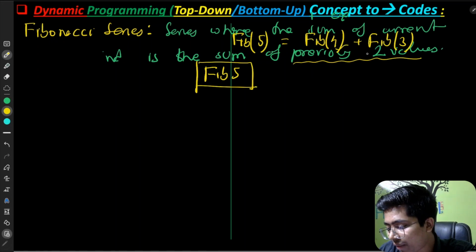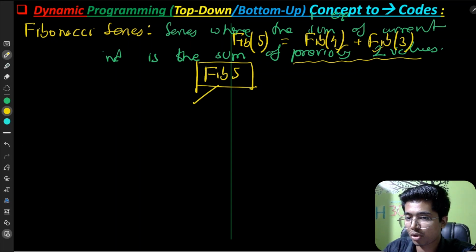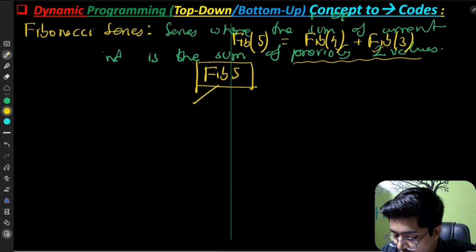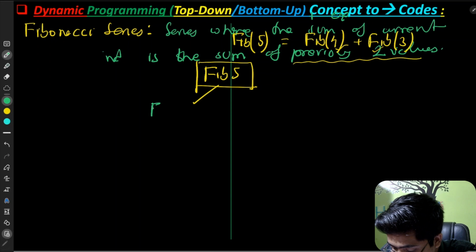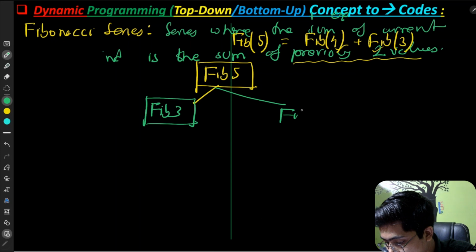Fibonacci of 4 and Fibonacci of 3. We'll keep the 3 on the left side because that is smaller. This follows the binary tree rules, so we always follow the data structure rules whenever we draw. So Fibonacci of 3 comes on the left side, and now Fibonacci of 4 on the right side.